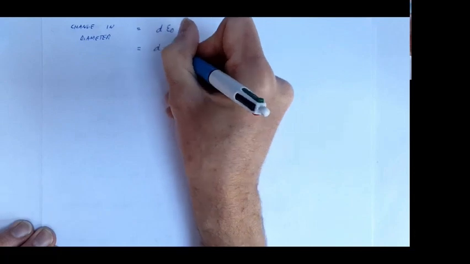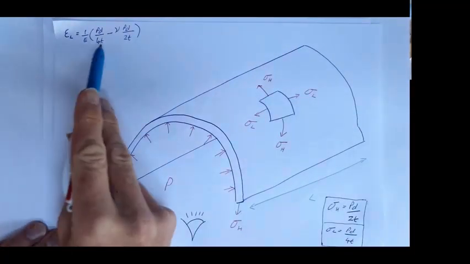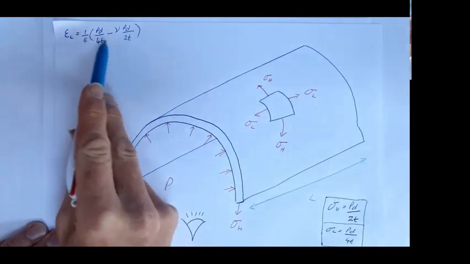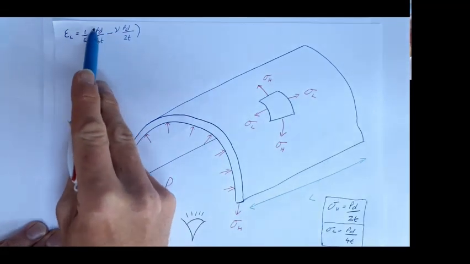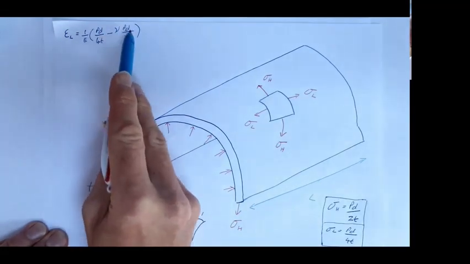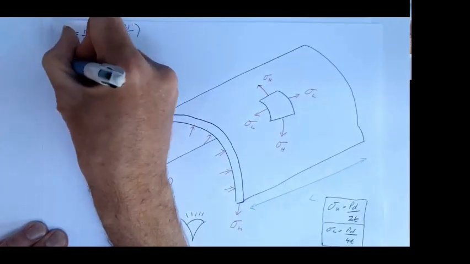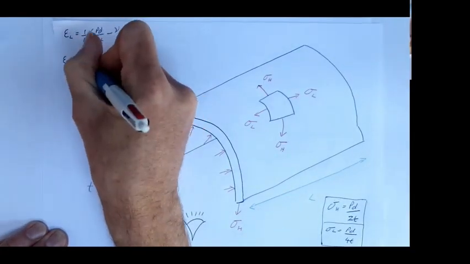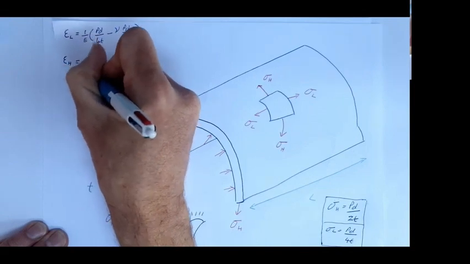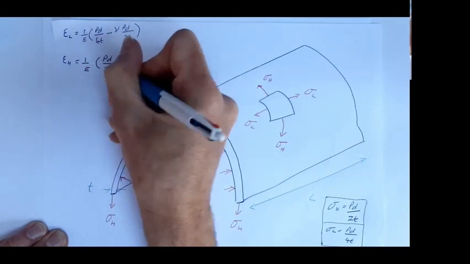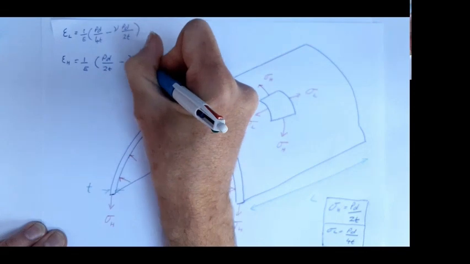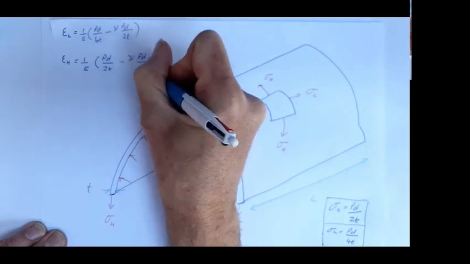So that's diameter times by the hoop strain. It's the same thing. Now we saw earlier when we were considering the longitudinal strain, it was made up of two components, the strain caused by the longitudinal stress, and the strain caused by the hoop stress. We also showed that our hoop strain was made up of two components. We've got PD over 2T minus Poisson's ratio PD over 4T.